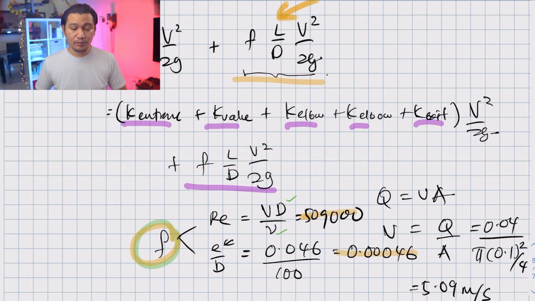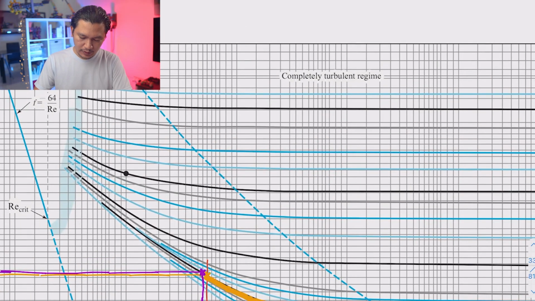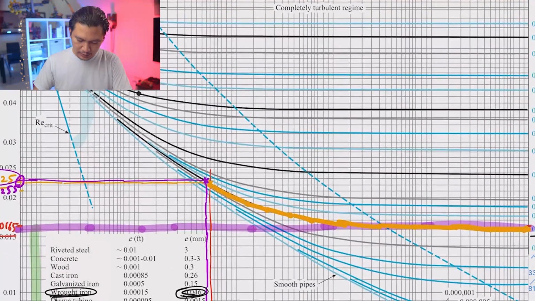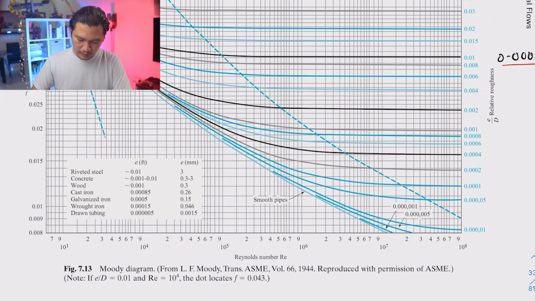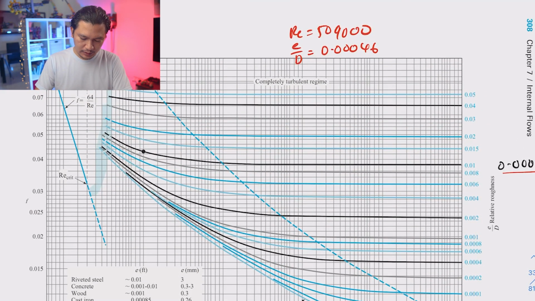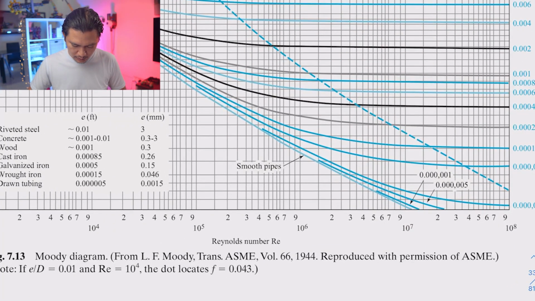Now let's go back to our Moody diagram, and let me write it here first in case we forget. So Reynolds number is 509,000, and our relative roughness is 0.00046. Okay, now where is our Reynolds number? That is 509,000. So we are looking here.